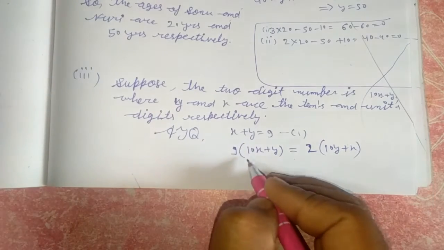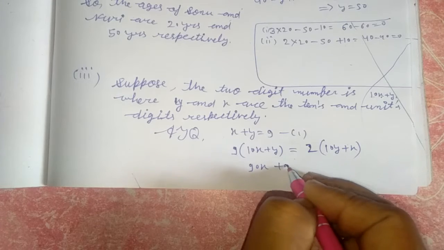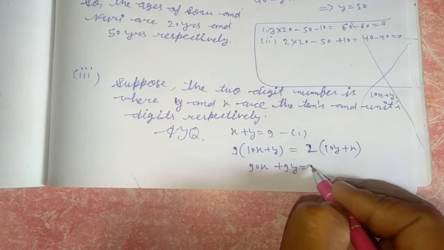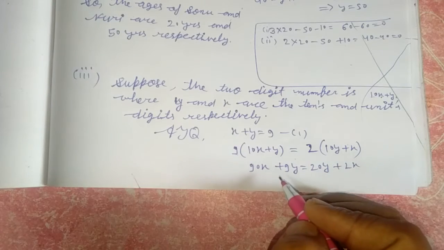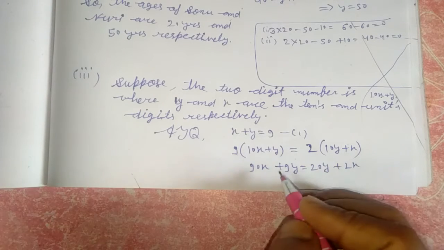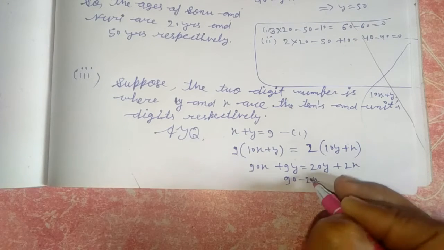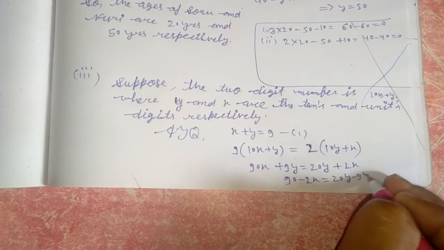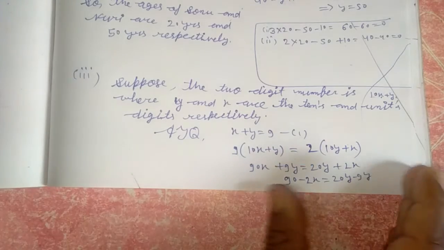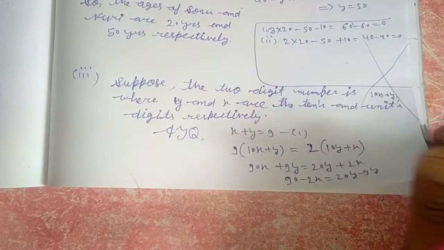Now solve this. 9 tens are 90x, plus 9y equals 10 twos are 20y, plus 2x. Now transfer: 90x minus 2x and also 20y minus 9y. So 90x minus 2x means you will get 88x, and 20y minus 9y is 11y.